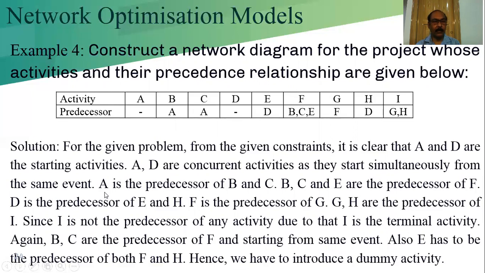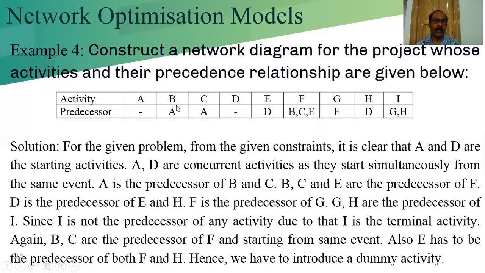In the previous problem, we also got that, but we did not discuss it. Here I am discussing the concurrent activity. Those activities start from the same node and work in parallel. That means they are concurrent.